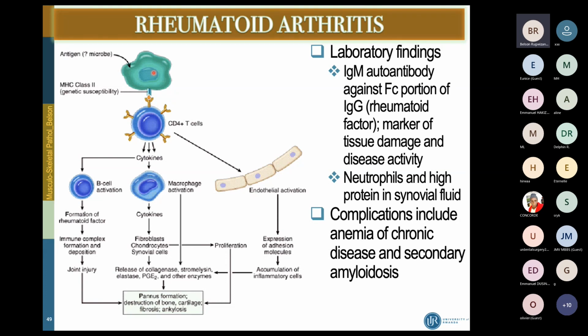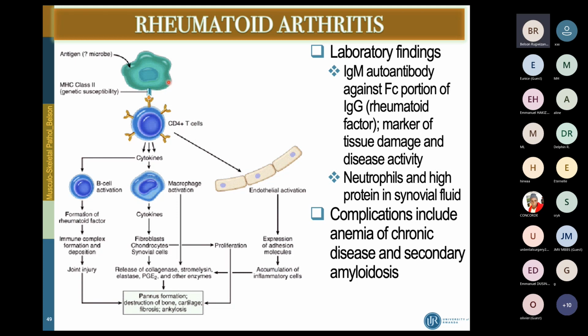It is an assumption that probably an antigen or a microbe induces that autoimmune reaction. So major histocompatibility class 1, as you know, it works with CD4 cells, and it is mostly on the cell membrane at the surface.